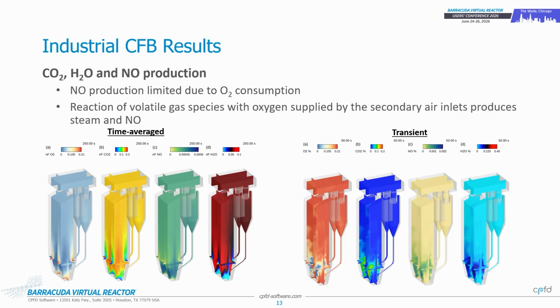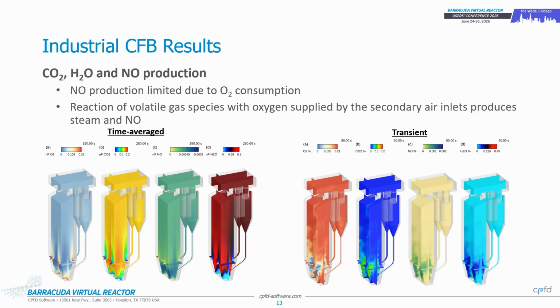Oh, let's go back. All right, here I wanted to point out the oxygen mole fraction, and so we can see that it is high here in the air inlet. This is the secondary air inlet and the primary air inlet. So that's reacted and consumed quite quickly. That's good. We don't want to see a lot of interaction of that oxygen with the volatiles.